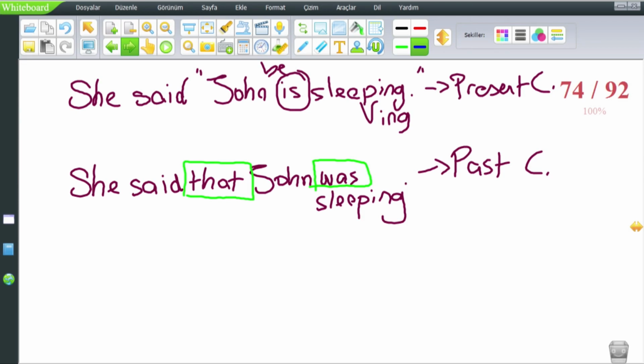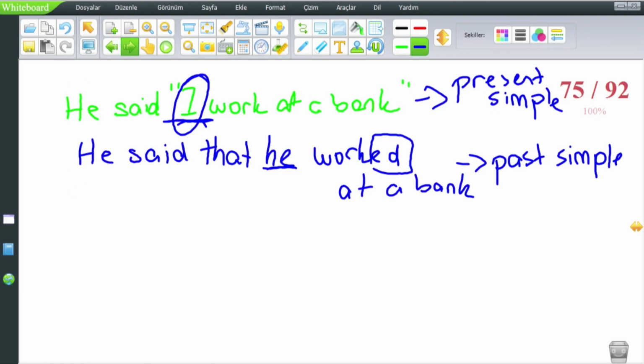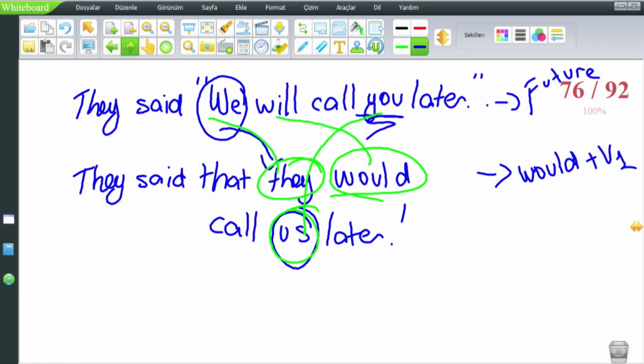We gave examples. She said, "John is sleeping." This is present continuous. I turned it to past continuous. They said, "We will call you later." I said that I want you to pay attention to pronouns and time expressions.